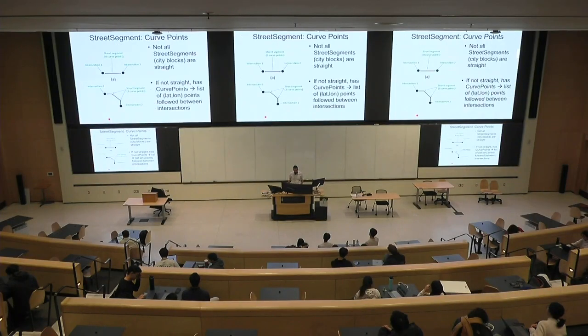Okay, so what about these curve points? Why do we need them? As I said, not all street segments are city blocks or straight. If the street is straight, that's fine. Then we only need one edge to find, for example, the distance between the two intersections.